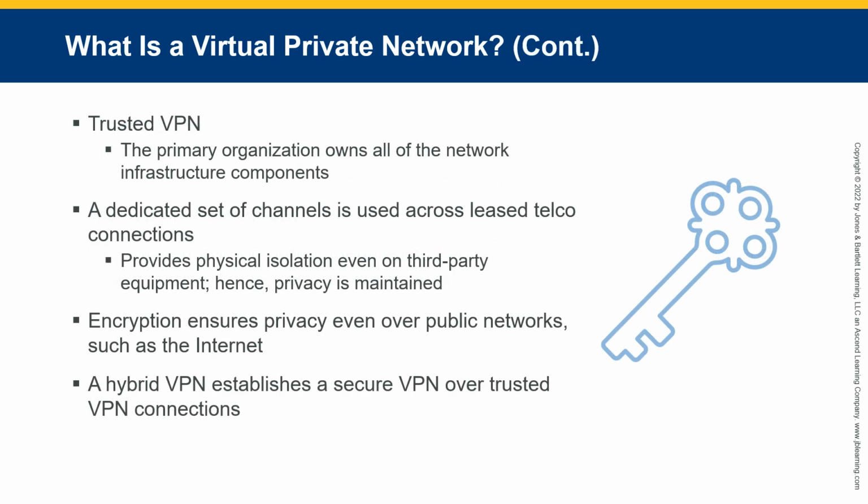So there are different types of VPN connections. One is the trusted VPN, and this is where the primary organization owns all of the network infrastructure equipment. So this can be between, let's say, different locations within an environment, maybe between two data centers on the same campus.